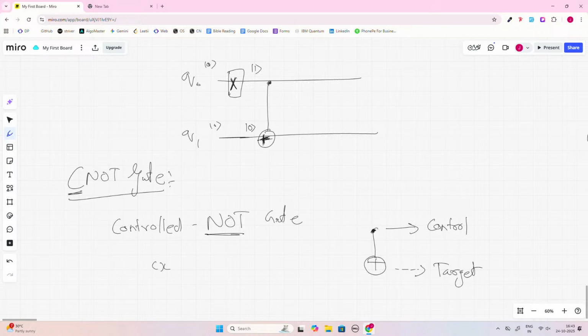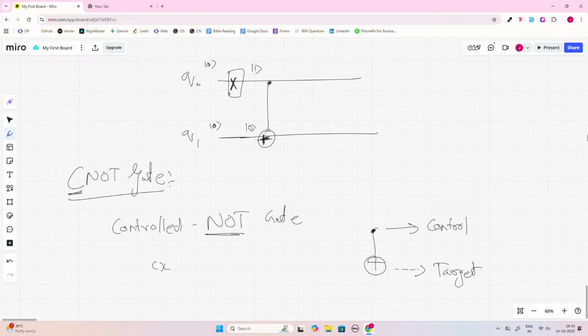Right? No change. Why? Because I did not apply any change till here. I just applied a change on qubit 0, that is the first qubit. I applied only an X gate on the first qubit. So initially it is in the 0th state, and after applying the X gate, my first qubit changed into the 1 state. But my second qubit is still the same because I did not use any operation.